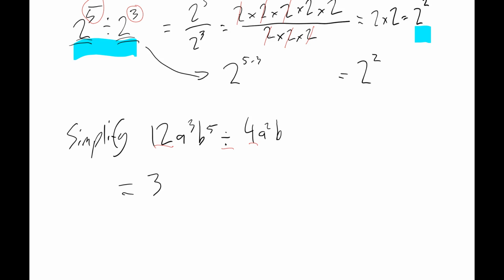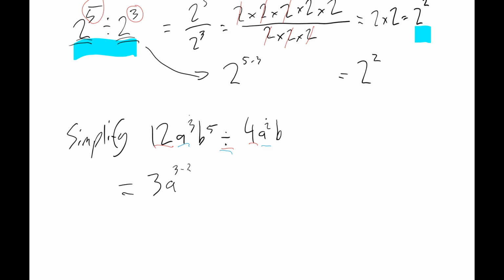And then I've got an a cubed and an a squared, and it's divided. So using the takeaway rule, I've got 3 take away 2. Because a is the base, I take the 3 from here and the 2 from this one, and take away because we are dividing.